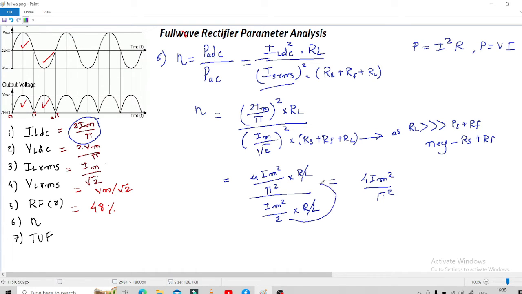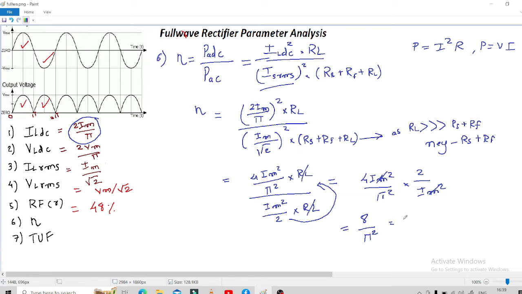Now this term will go above, so it will be into 2 upon Im square. So what will happen? This and this will get cancelled automatically, and 2 2s are 4, 2 4s are 8, which will be equal to 8 upon pi square.